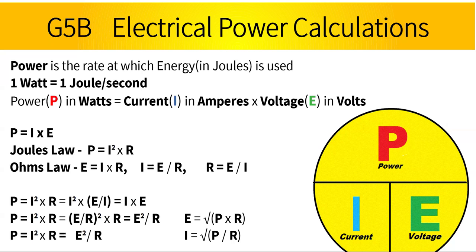If you know how to use the pie chart, you put your finger over the one you want. If we want power, we multiply the current times the voltage. If we want current, we divide the power by the voltage. If we want voltage, we divide the power by the current.